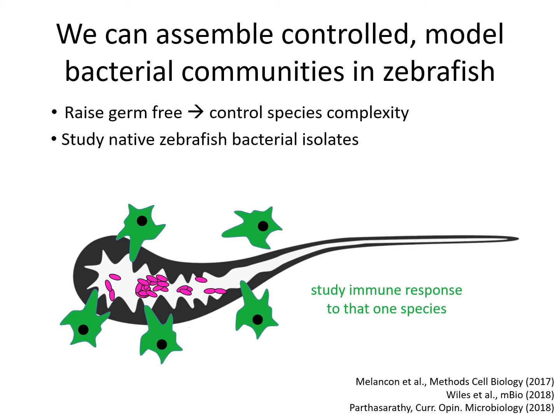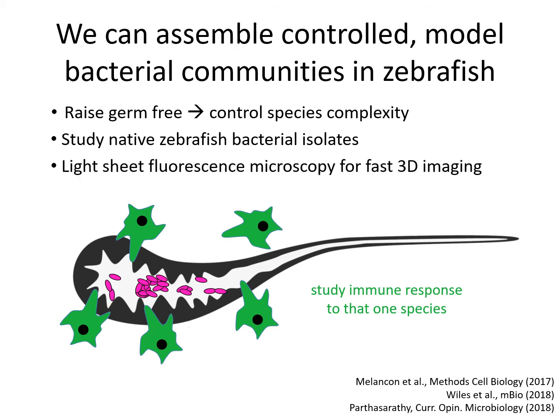All the bacteria that we study in these experiments are native to the zebrafish gut. They've been isolated and engineered with nice fluorescent tags so we can do fluorescence microscopy. In order to do fast three-dimensional imaging of these fairly large volumes while minimizing photo damage, I used a technique called light sheet fluorescence microscopy, which is well suited for this.